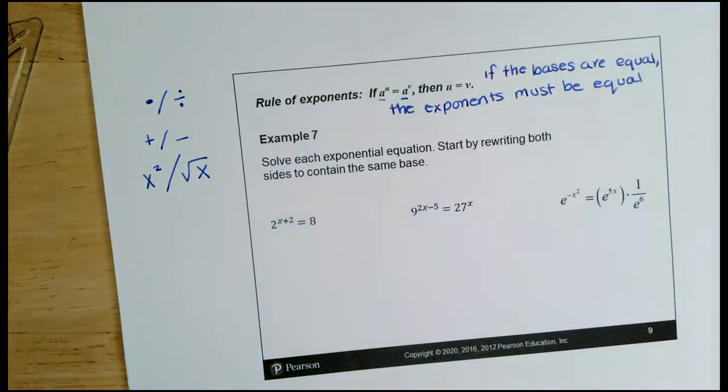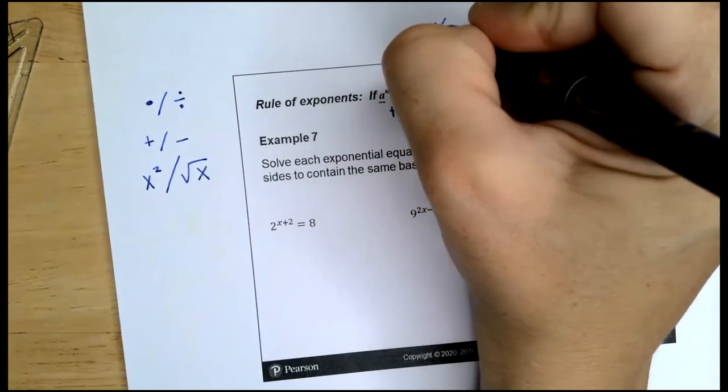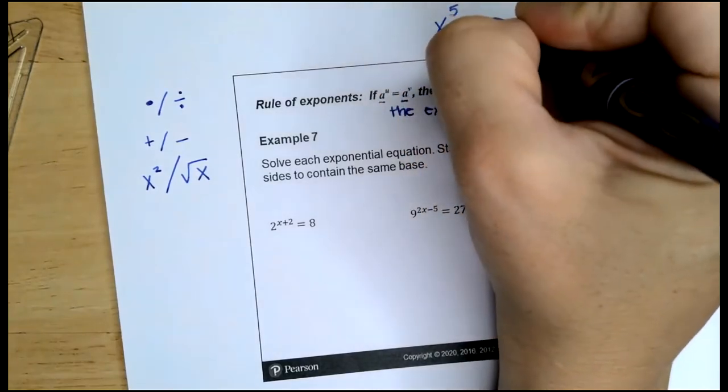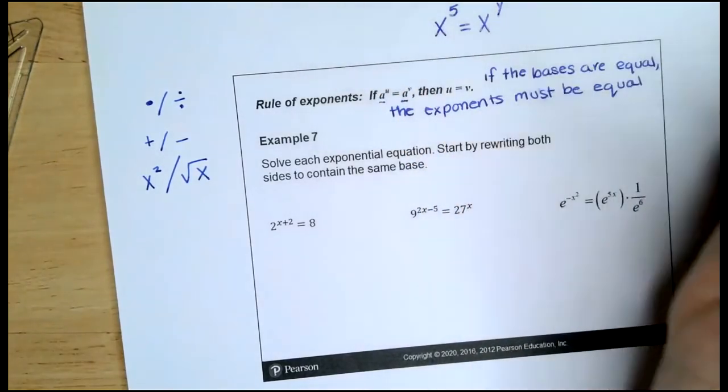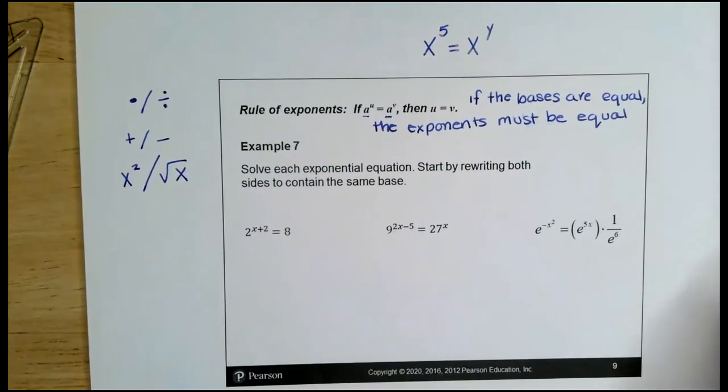Right, so that sounds kind of obvious, like x to the 5th equals x to the 5th, right? Or x to the 5th equals x to the y, y must be 5, right?